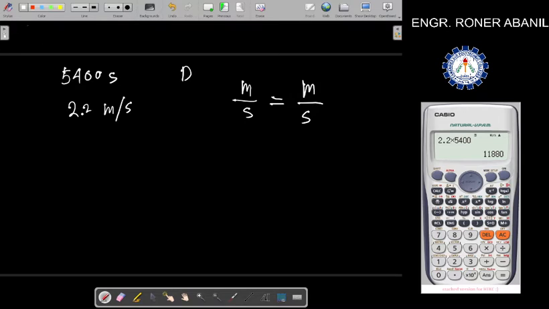Dahil binigay niyang 2.2, lagyan natin ng 2.2. Tapos may binigay siyang second, 5,400 seconds. Tapos makikita mo, makakancel to. Kasi may binigay siya. So, ang matitira, yung meters.